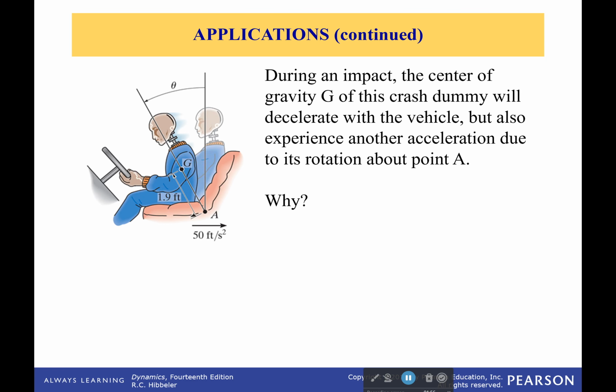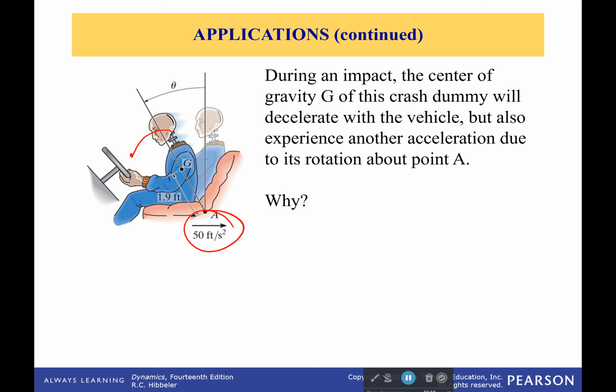Another one is with an impact dummy. So the poor guy is in a car wreck, slams into a wall, and then suddenly his head smacks forward. Now, in that crash, it is rapidly decelerated. That's what we see right here.